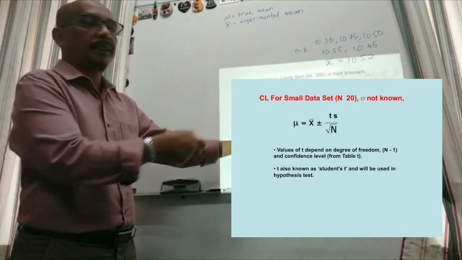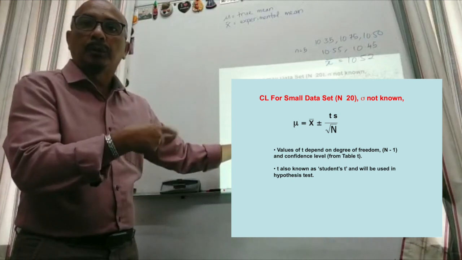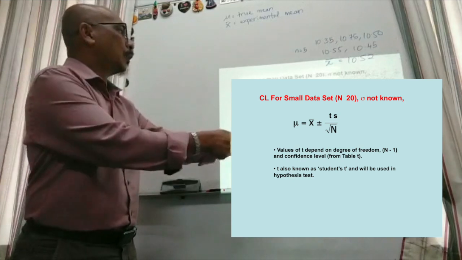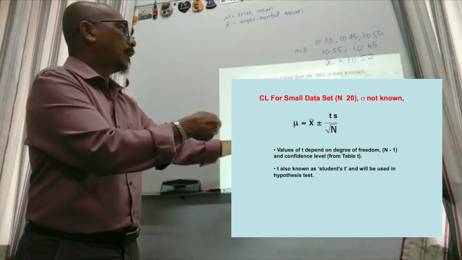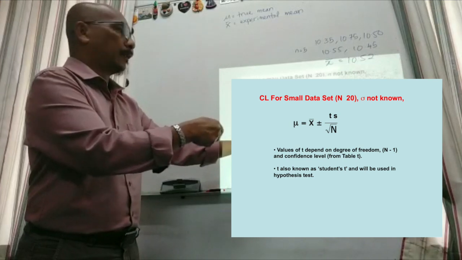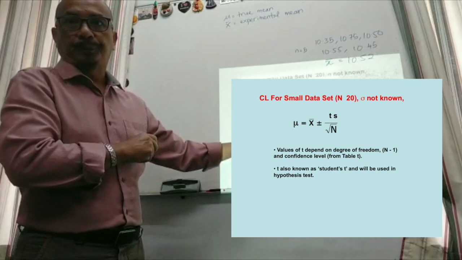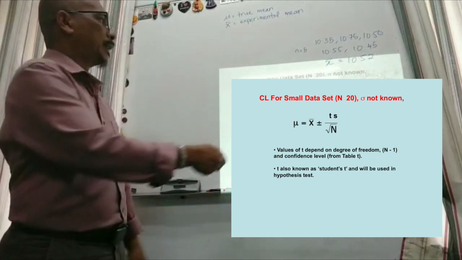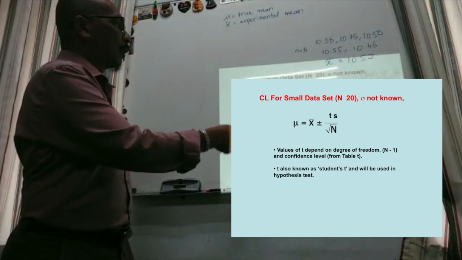And the s here is the standard deviation. You also need to know how to use your calculator. You put it in, then you get the answer. And what is the confidence interval? This is the true mean, plus minus t from the t table.